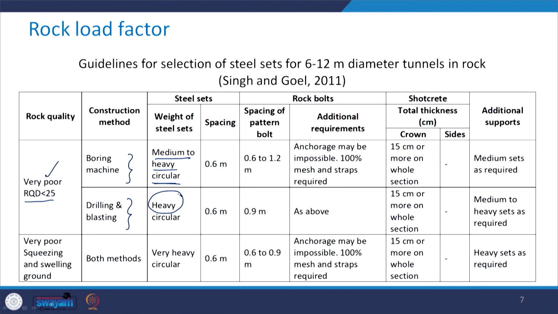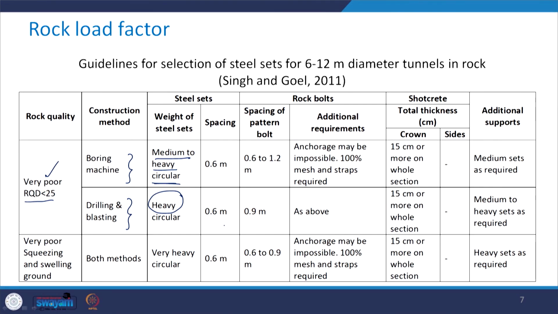So, you see that when we are doing the construction using drilling and blasting, a lot of disturbance takes place in the area surrounding the excavation or the cavity, and therefore, in general, larger support systems are needed in case the excavation is done using drilling and blasting method.